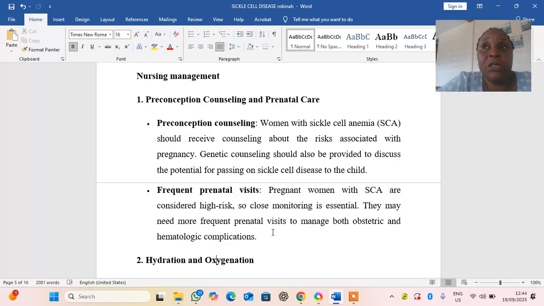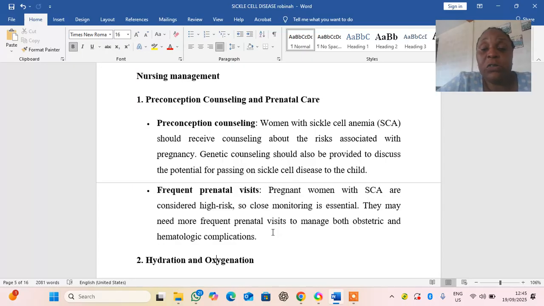This is an inherited condition, it means this person was born with sickle cells, grew up with sickle cell, and has reached adolescence with sickle cell, so this person may need to become pregnant. What do we do? They must do what we call preconceptional counseling, and this means that women with sickle cell anemia should receive counseling about the risks associated with pregnancy.